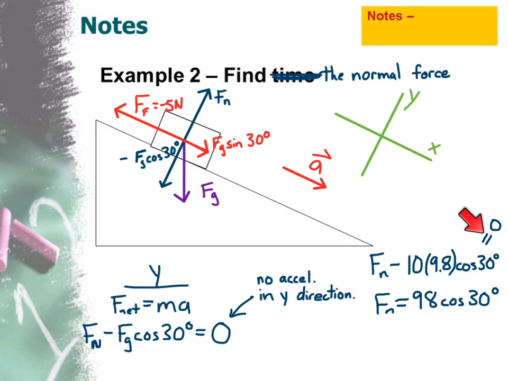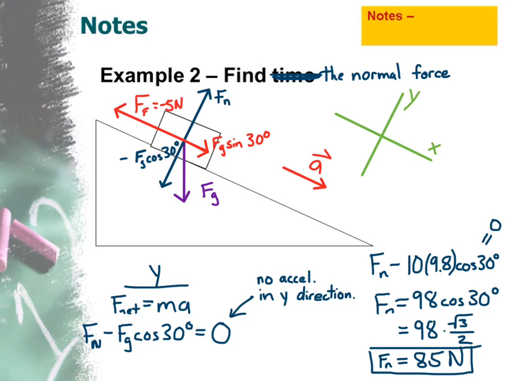And when I add this term to both sides, I get the normal force equals 98, which is 10 times 9.8, times cosine of 30 degrees. Well, that turns out to be the square root of 3 over 2. And when I multiply all three of these things together, I get that the normal force is equal to 85 newtons.